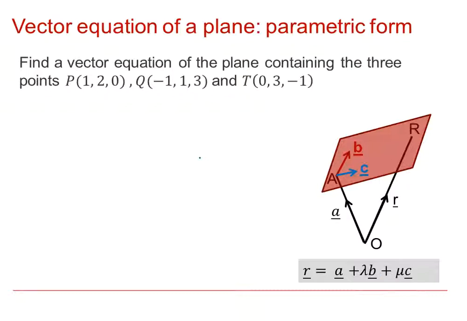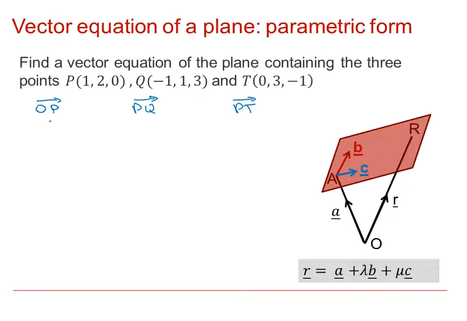There are various ways of setting out this equation, but the position vector I'm going to use for a point on the plane is OP. I'm going to use P to Q as one of my direction vectors that I'm going to walk in, and I'm going to use P to T as a different direction.